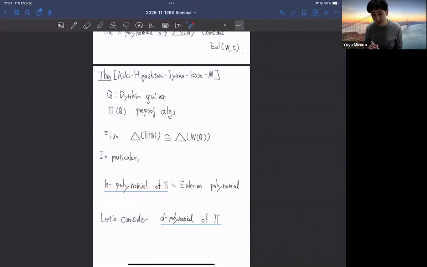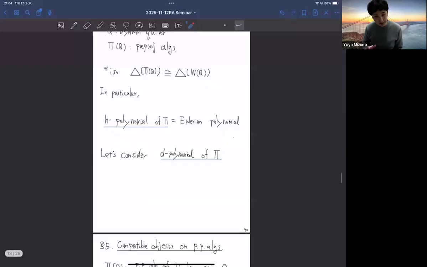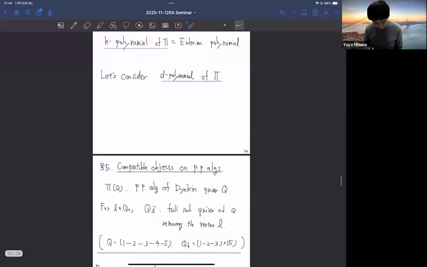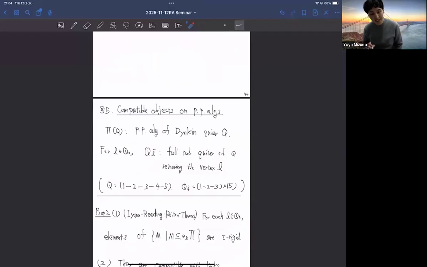Then it's natural to consider the d-polynomial. How about the d-polynomial of the preprojective algebra? And we will explain this one. To understand this, we need to understand the compatible objects on preprojective algebras. So let Π be the preprojective algebra of a Dynkin quiver, and for each vertex l, we consider the full subquiver of Q removing the vertex l.